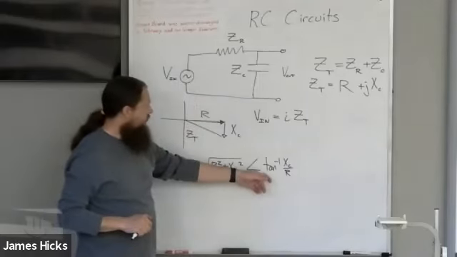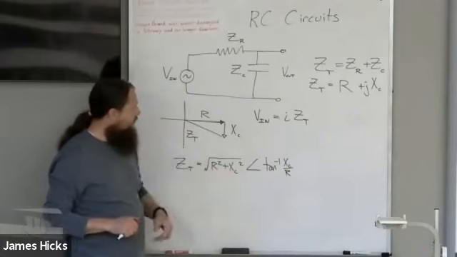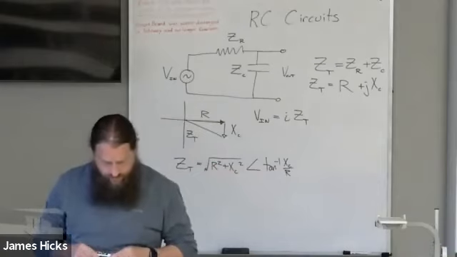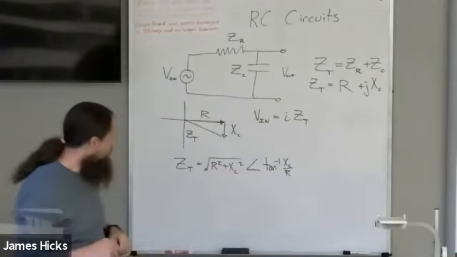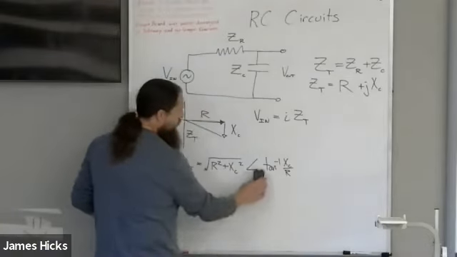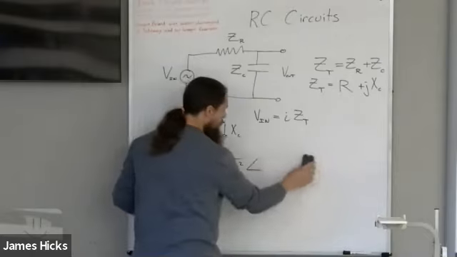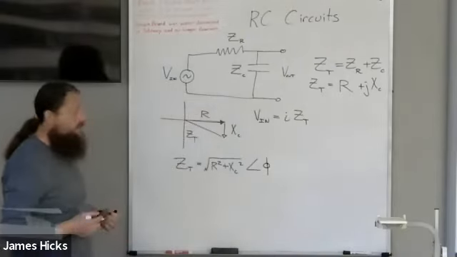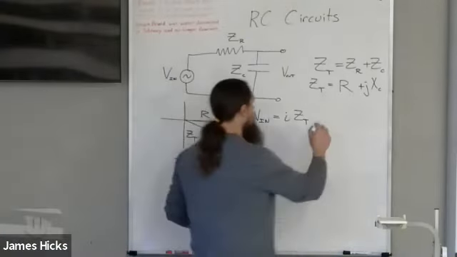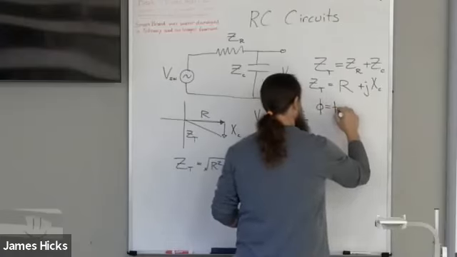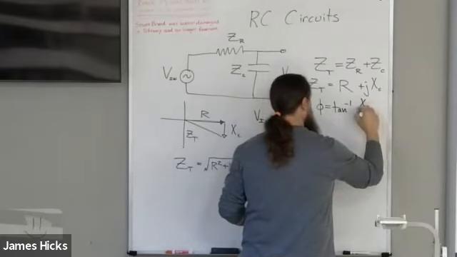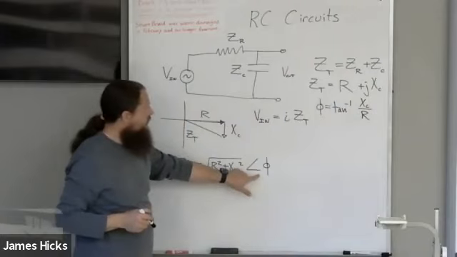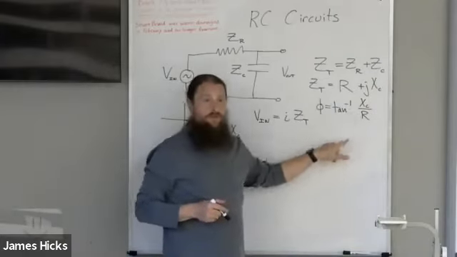The angle is the inverse tangent of XC over R. So if you're okay with a little bit of simplification, let's just call that the relative phase. So our phi in this phasor notation is the inverse tangent of the reactance over the resistance.